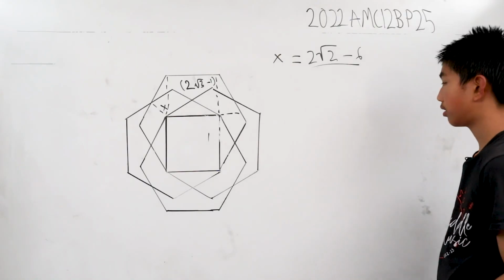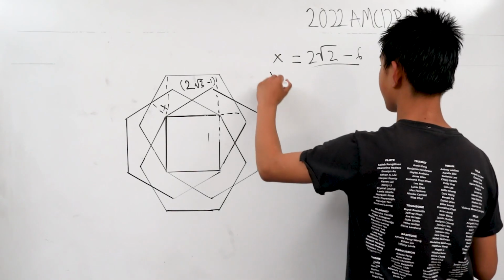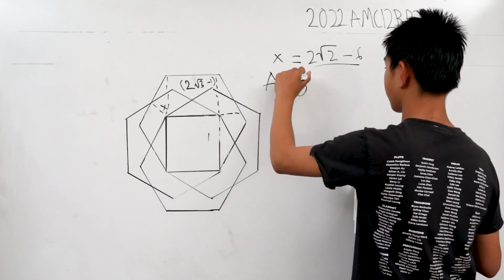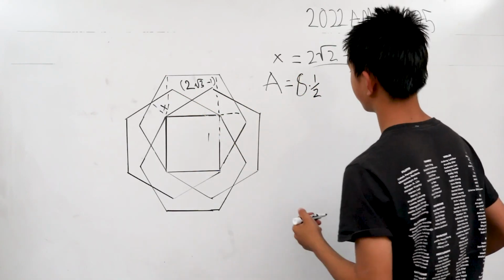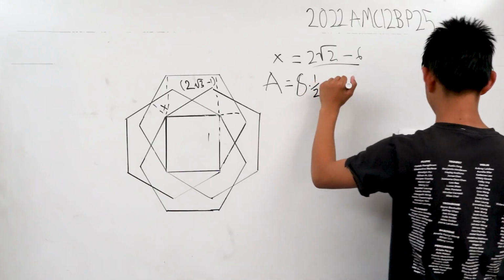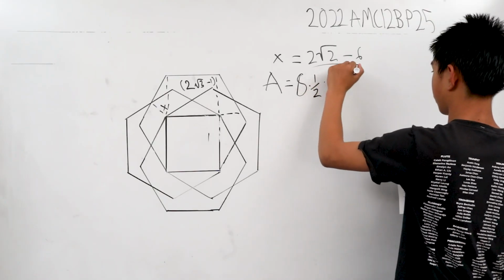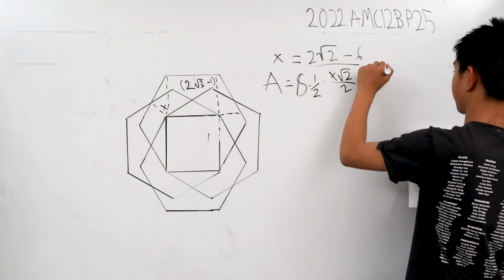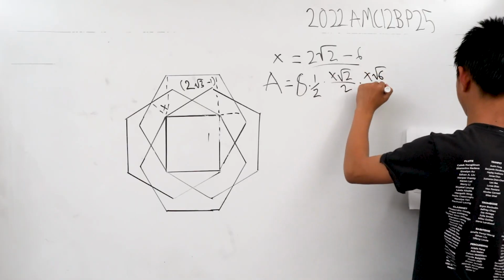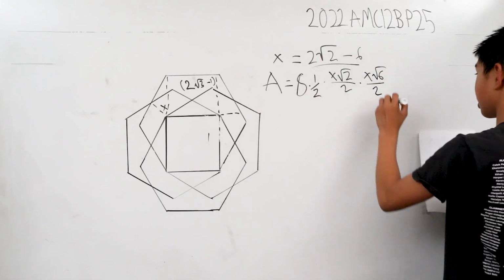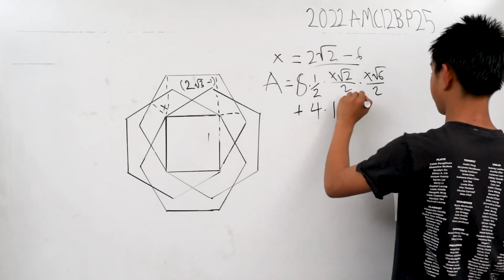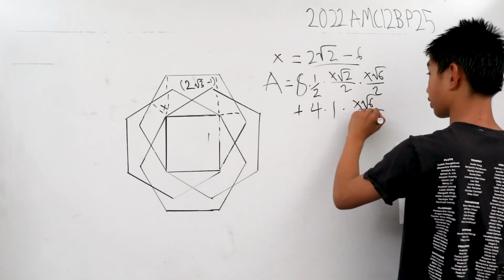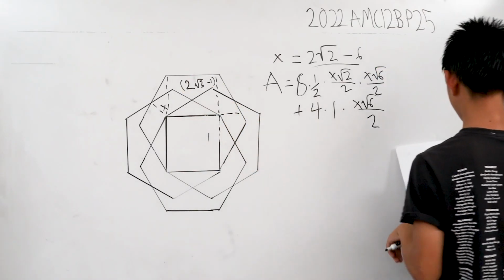We know that the big area is 8, since there's 8 triangles, times 1/2 for the triangle formula, times x root 2 over 2 times x root 6 over 2. I'm writing it in simpler terms like this. And then you have to add the 4 times 1 times x root 6 over 2, which is really this height.